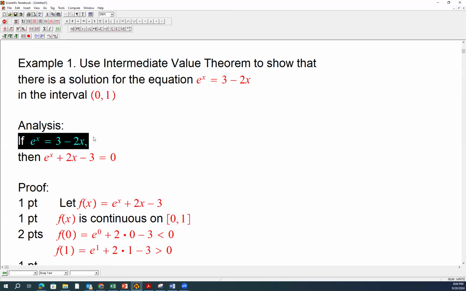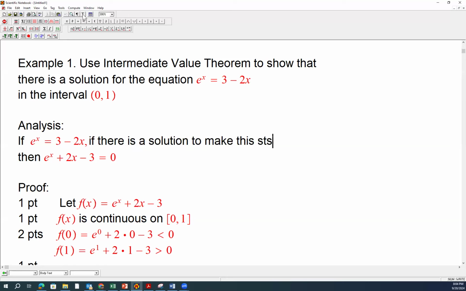So we say, if there is a solution to make this statement true, then, adding 2x and subtracting 3 on both sides, we will have 0.